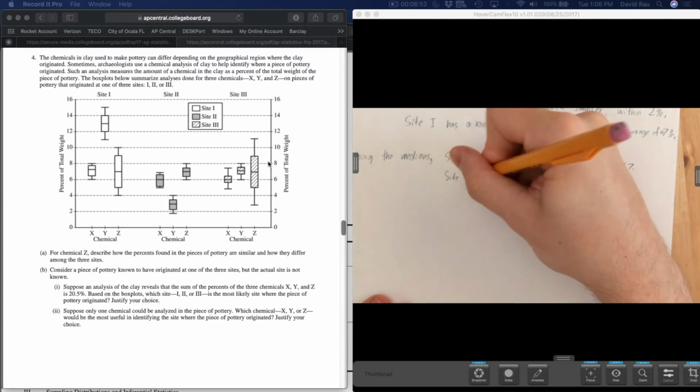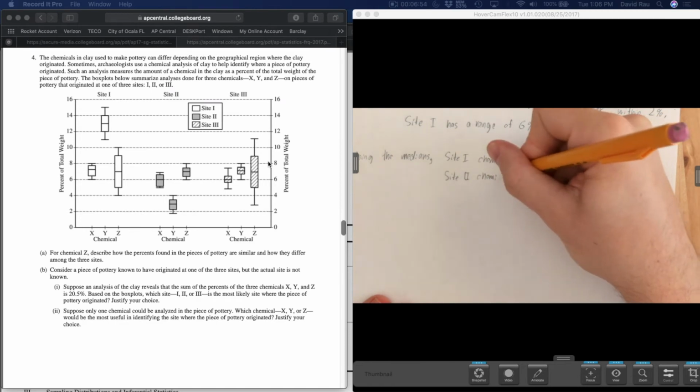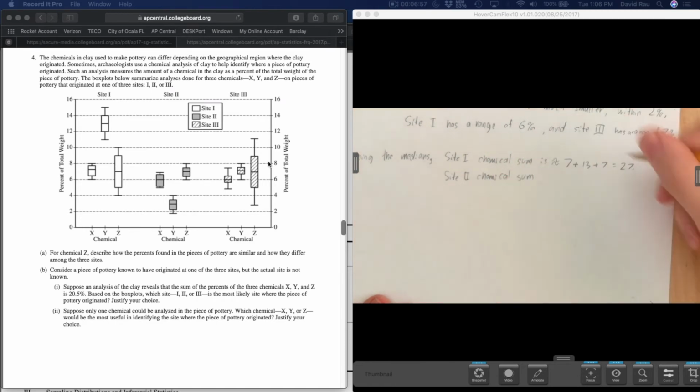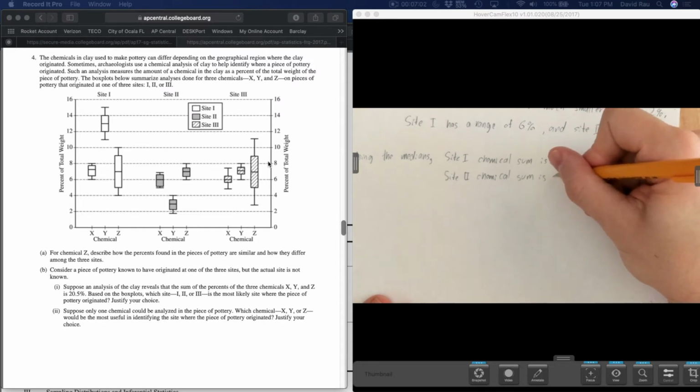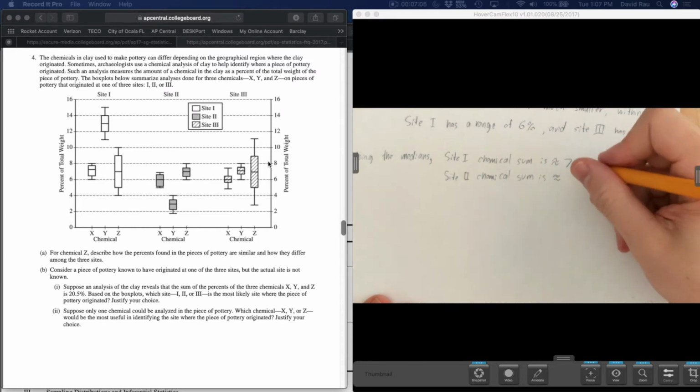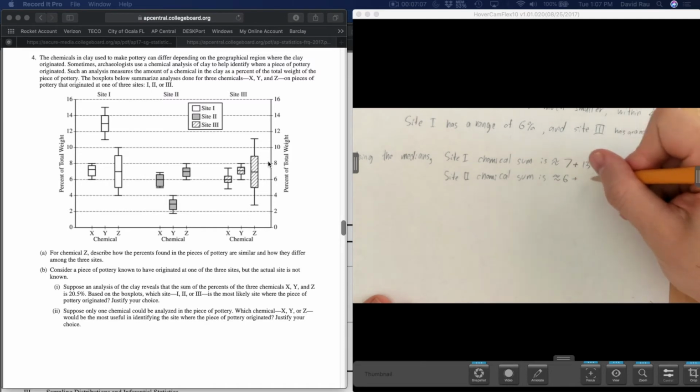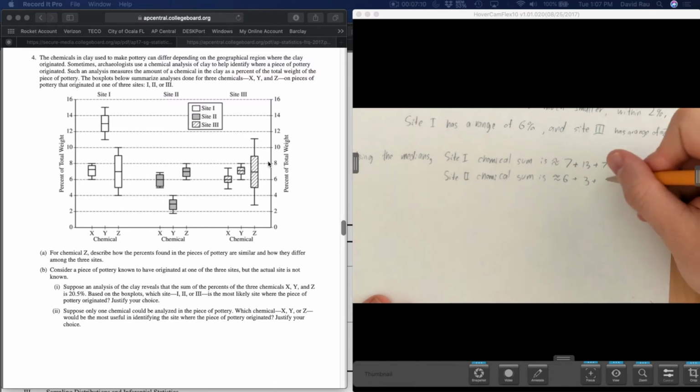Site 2 chemical sum, and it is percent, so I should throw that in there, is approximately 6 plus 3 plus 7, which is 16%.